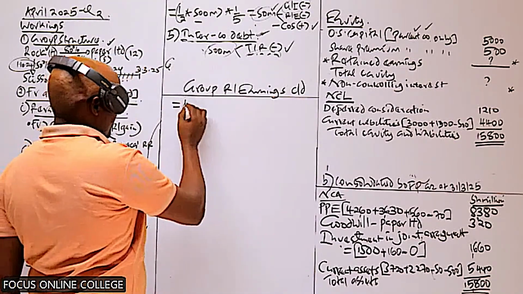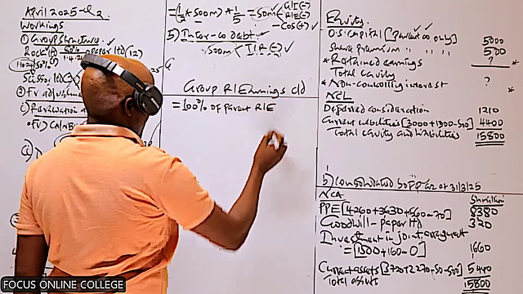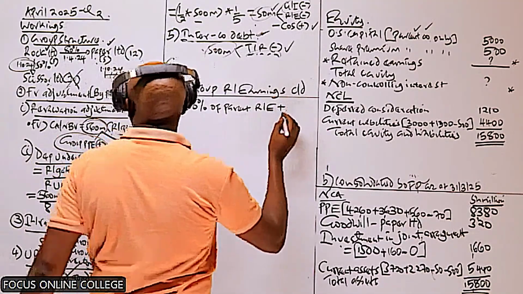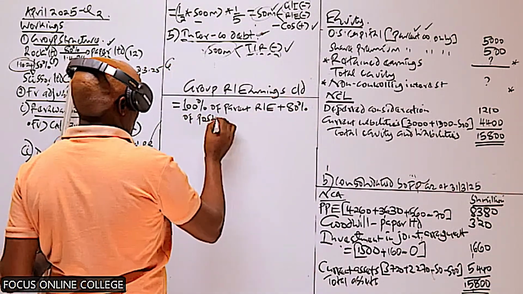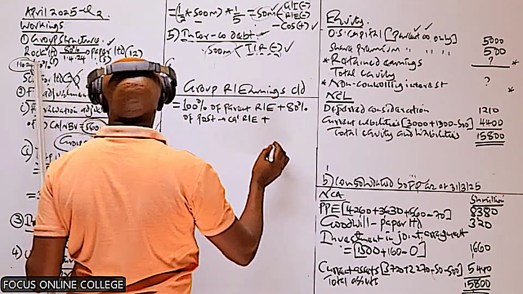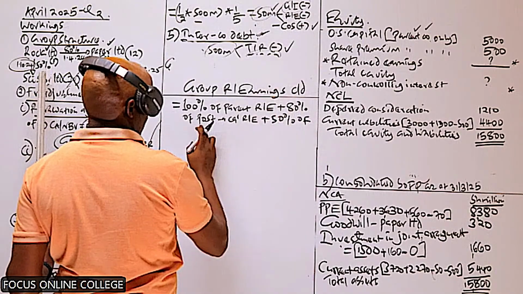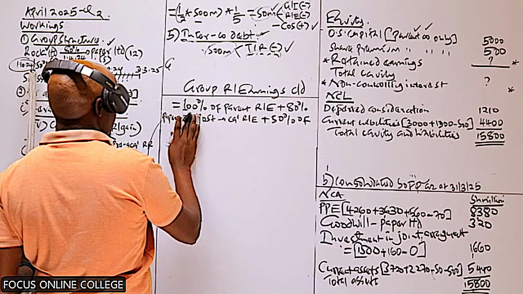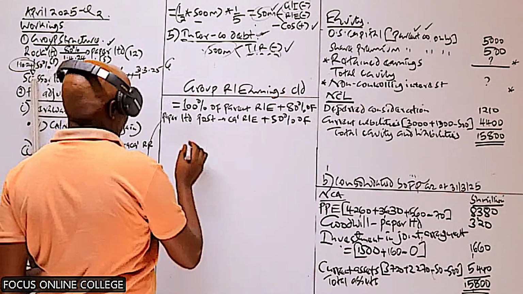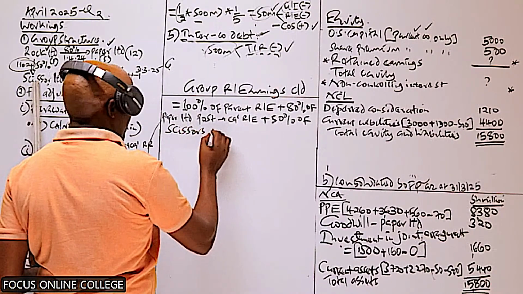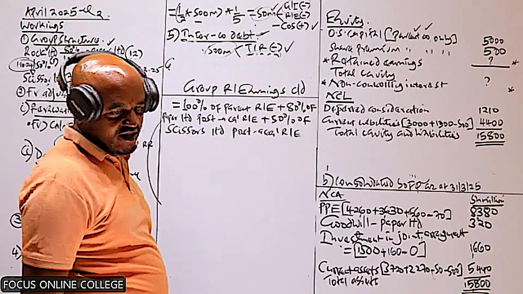This one is computed by taking 100% of the parent company retained earnings, plus 80% of Paper Limited's post-acquisition retained earnings, plus 50% of Sisters Limited's post-acquisition retained earnings. That's basically how we compute that.